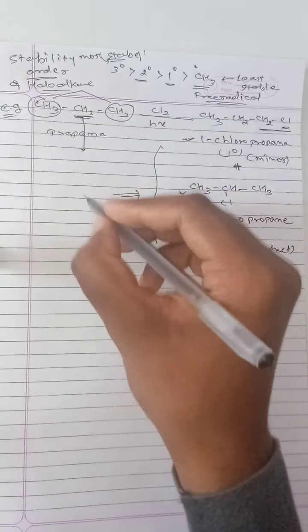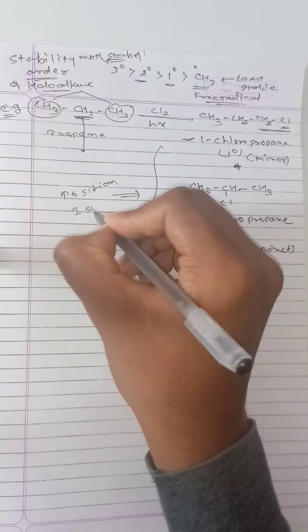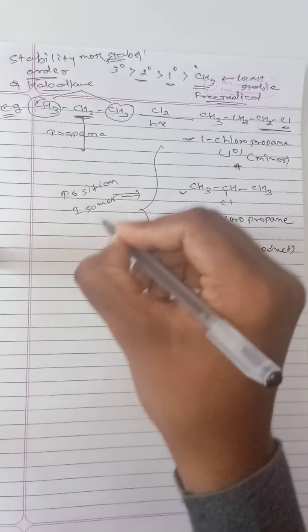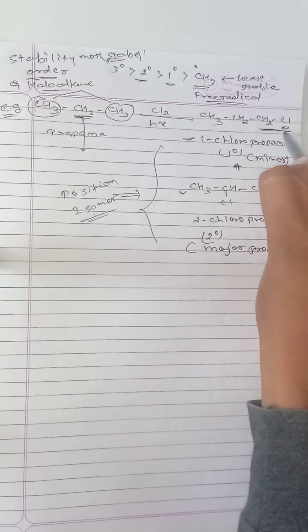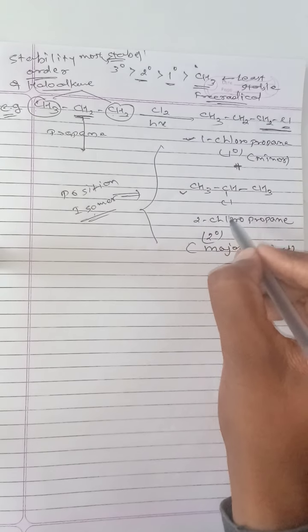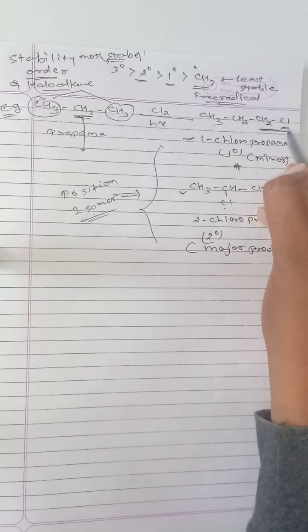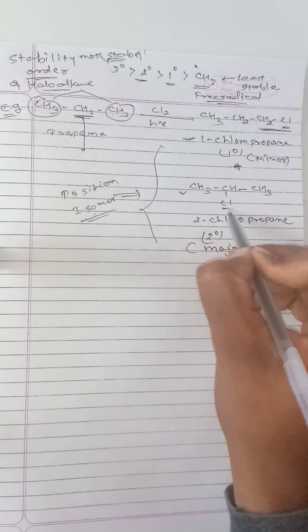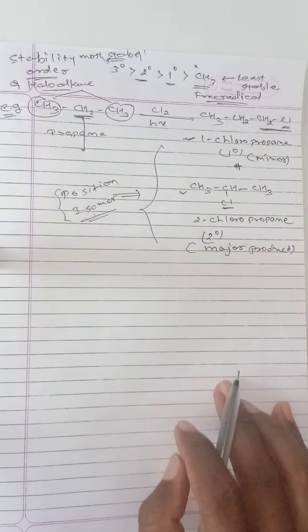This will be our position isomer also. Why? Because in the first product the chlorine atom is attached with the first carbon, and here only the position of the chlorine atom is changed, so this will become a position isomer.